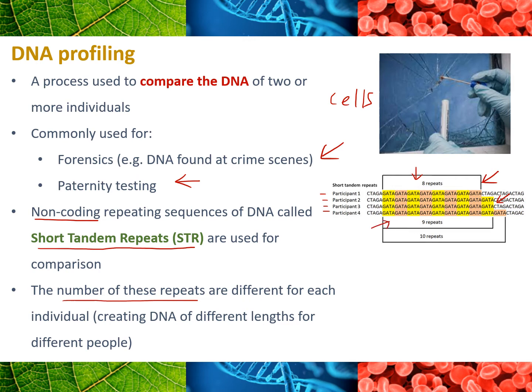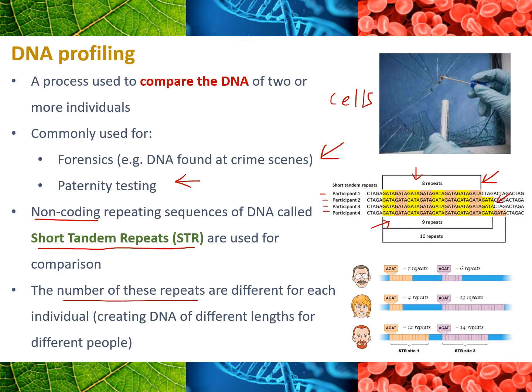If those sequences are compared at enough different points in the DNA, so this is just looking at one particular area, if we looked at say 10 of those, you get a very unique genetic footprint. When you're looking at lots of them, maybe 1 in 5 million will have the same number of repeats.